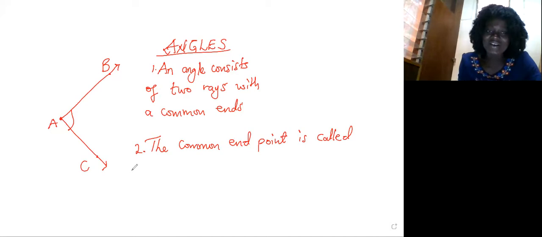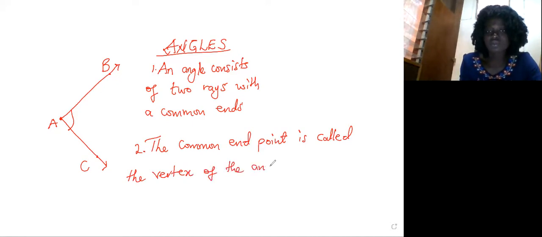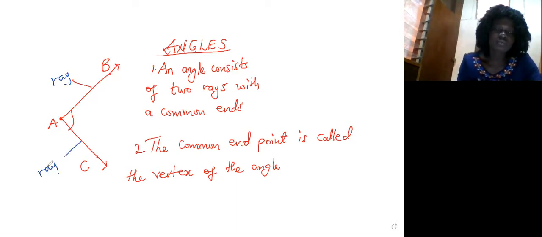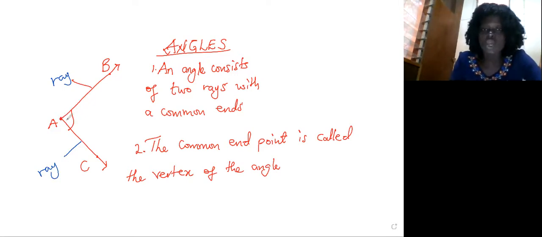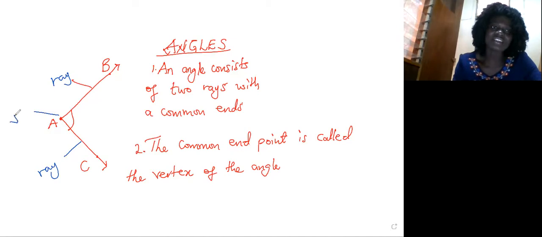Okay, it's called the vertex. The vertex of the angle. Okay, so it means that we have this as a ray, this is a ray, this is another ray, and they are meeting at a common point called the vertex.